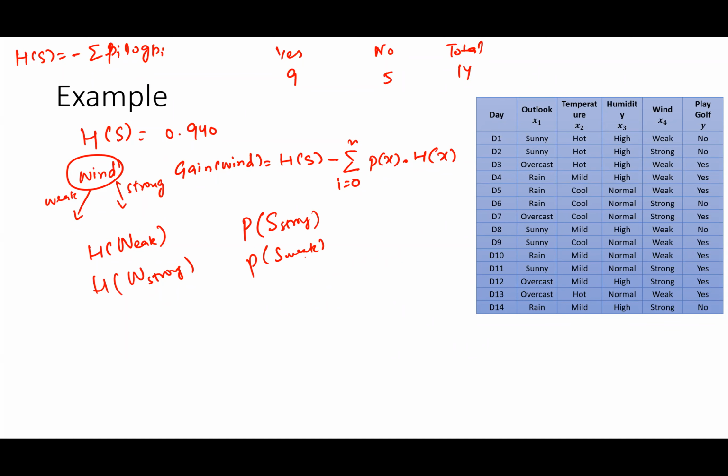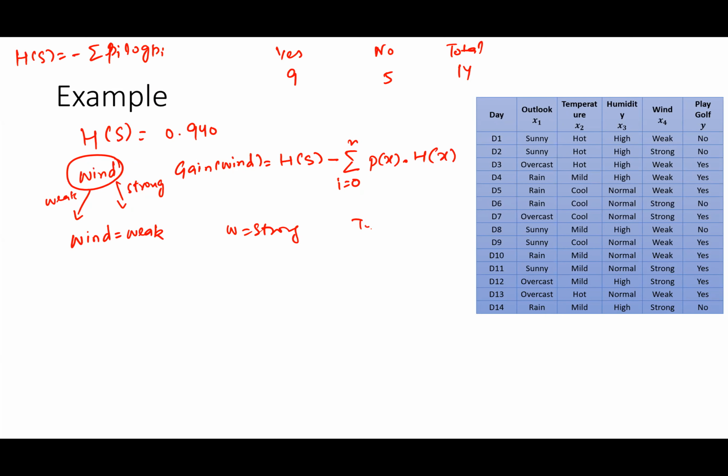Now let us assume, so let me take this away from here. So now let us take the case when the wind is weak, when the wind is equal to strong, and then the total. So we have a total number of 14 examples. In how many examples is wind equal to weak?